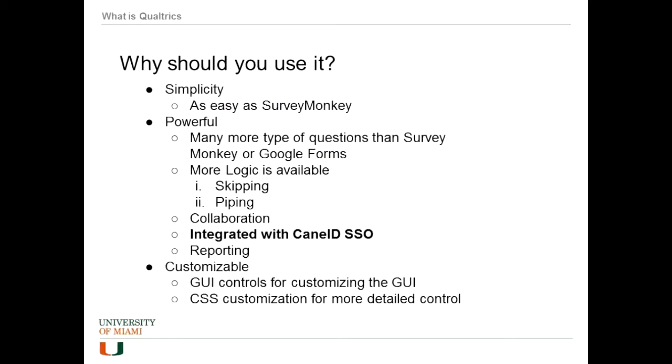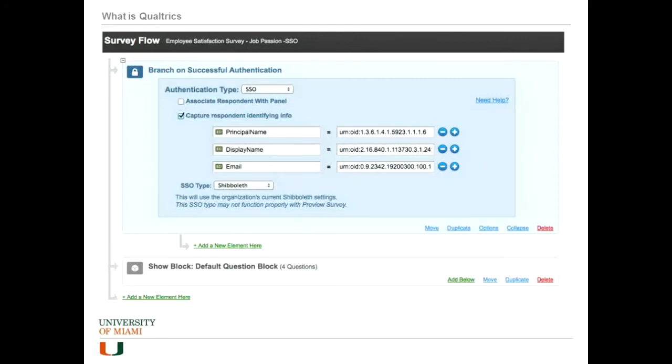One of the other powerful things is that it can be integrated with KNID and single sign-on. First of all, just to get to the Qualtrics platform, you need to authenticate using your KNID. But then you can go into your surveys and require KNID authentication.